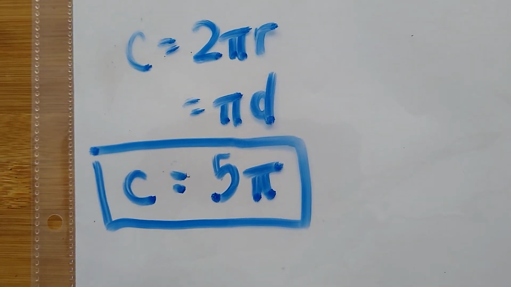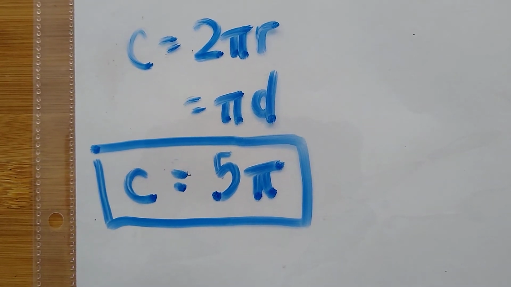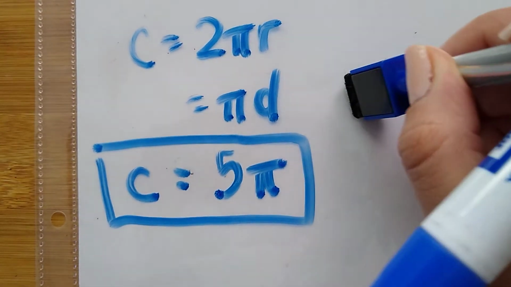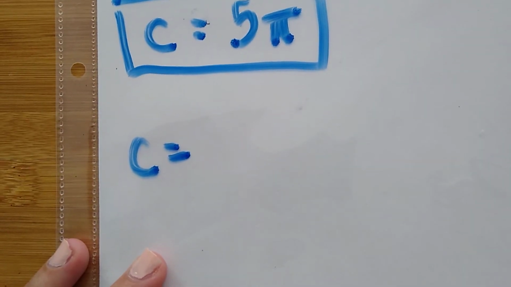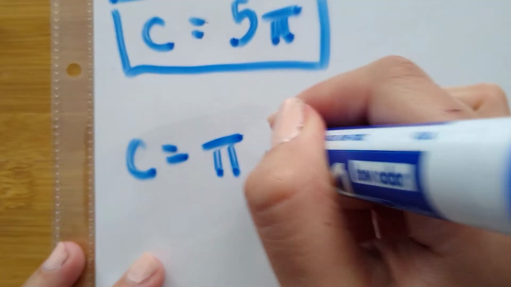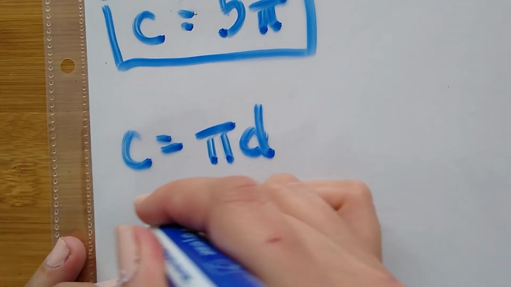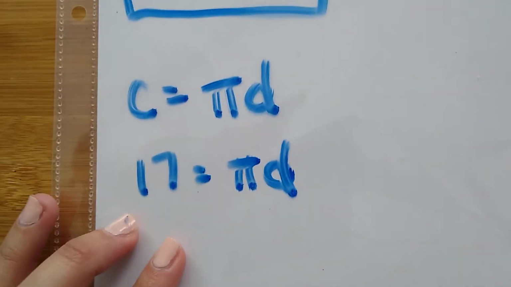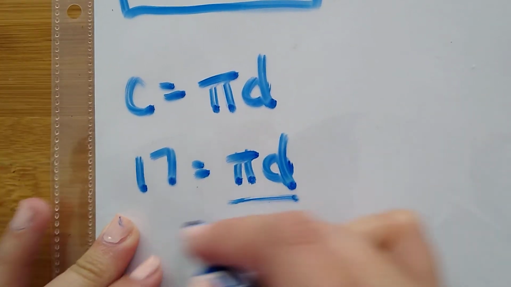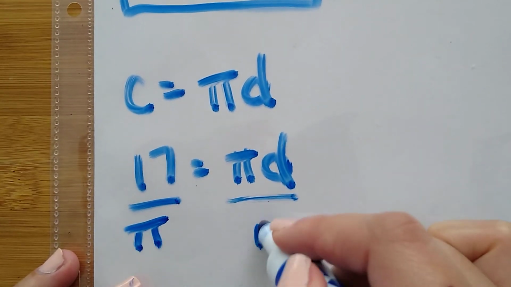The next one is find the diameter of a circle with a circumference of 17 feet. So in this problem, they're giving you the circumference and they want you to find the diameter. So we're going to go ahead and just write down the formula. Circumference equals pi d. The circumference is 17, so 17 equals pi d. And if we want to isolate the d, I'm just going to go ahead and divide both sides by pi.